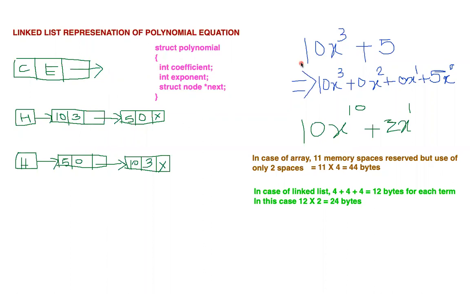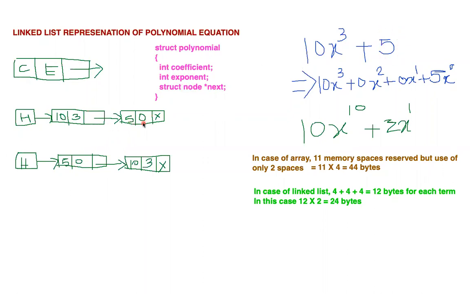So if we look at this example of 10x cube plus 5, we can either store it in the descending order of the exponent, or we can also store it in the ascending order of the exponent. So this is the descending order representation. The first term is 10x cube, so 10 is the coefficient, 3 is the exponent. It contains a pointer to the next node, that is for the next term, which is 5x to the power 0.